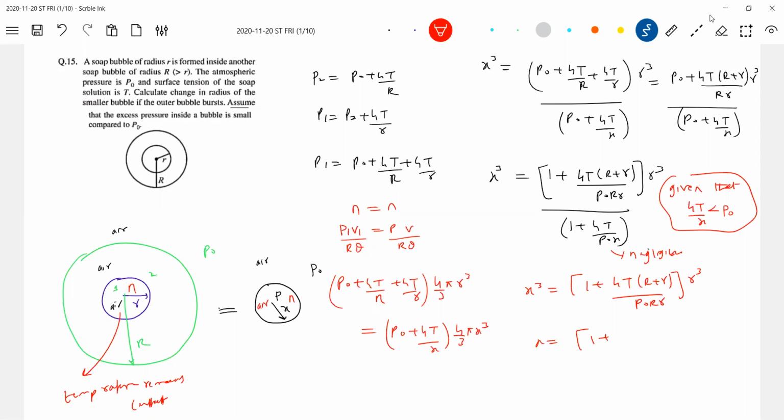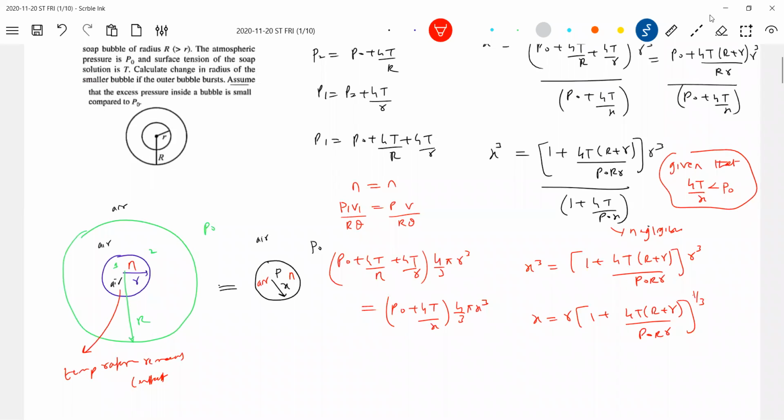Then definitely this excess pressure will be small, no? So we'll go for binomial expansion.